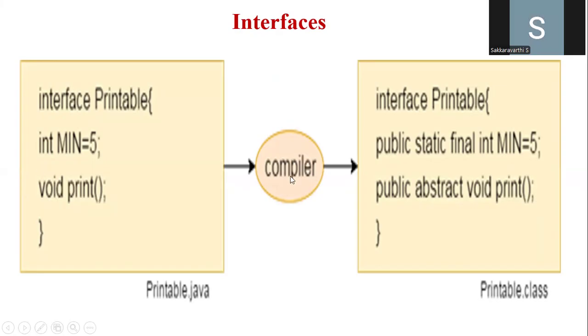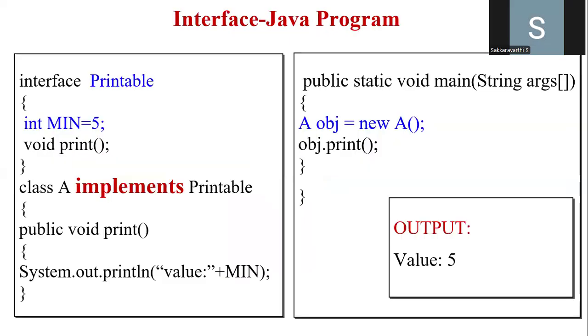After compilation, the compiler will automatically recognize the variable as public static final and the method as public abstract by default. Even though I am not declaring the variable as public static final and the method as abstract, the compiler adds the keywords public static final and public abstract since it is contained in the interface.